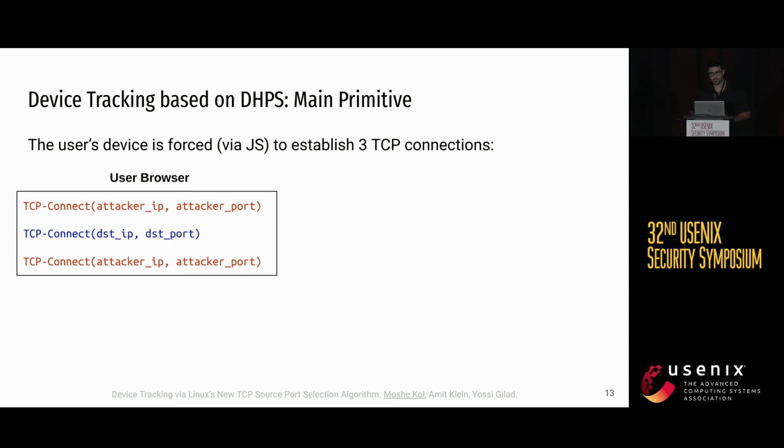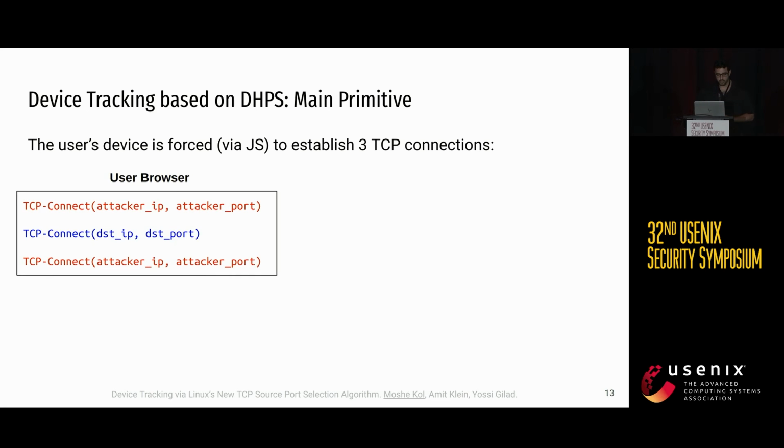So this brings us to the main primitive in our attack, in which we can determine whether some attacker destination collides and uses the same counter as some arbitrary destination. So what we are going to do is have the user device establish 3 TCP connections in a particular order.